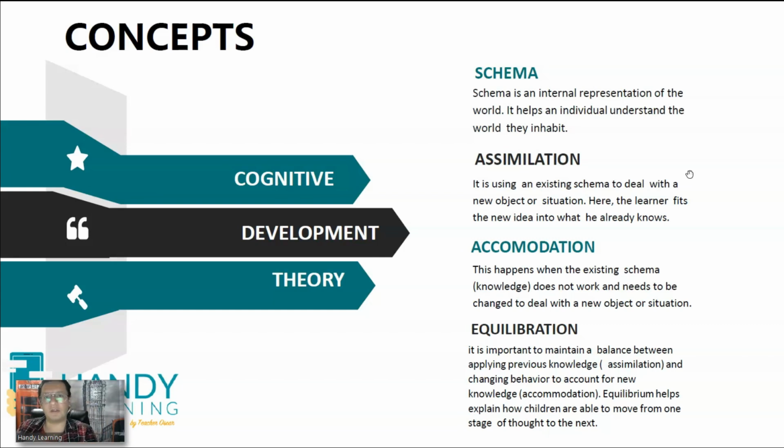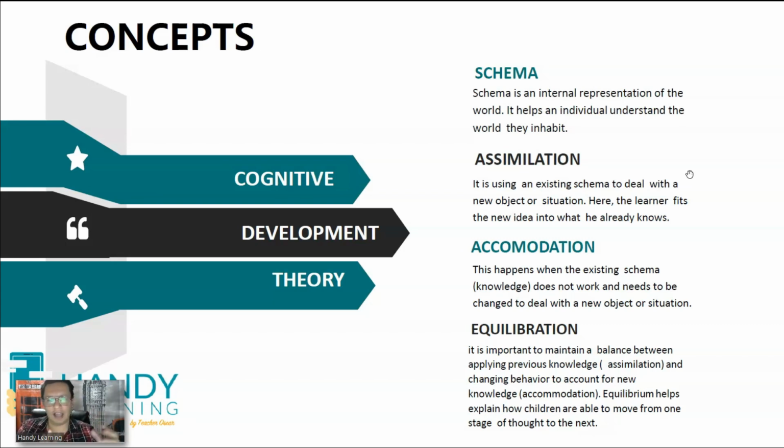And then we have accommodation. That happens when the existing schema doesn't work with something new that is presented to us. So we need to deal with a new situation or a new object. Let's imagine the same baby. He saw a cross, then he assimilated it into a sword, but now he is presented with a gun.